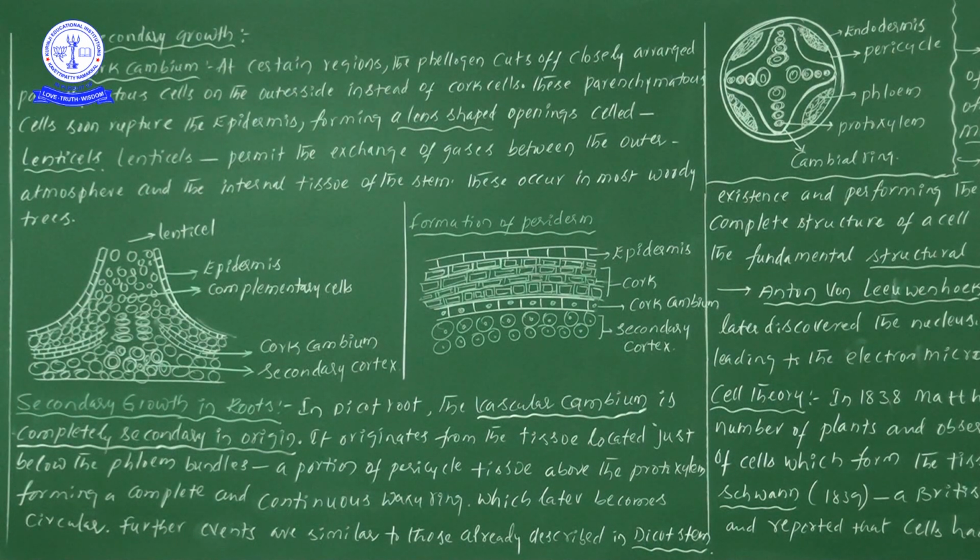So for the exchange of gases, the lens-shaped structures, lenticels, are formed. That's why I have drawn these two diagrams for your explanation. Again, don't consider these diagrams a burden to learn.